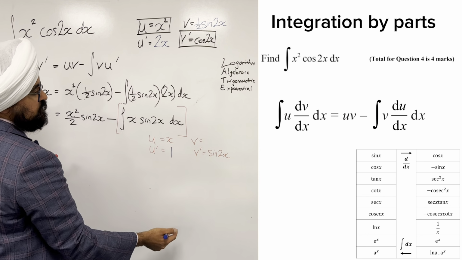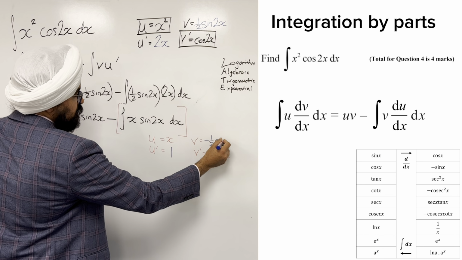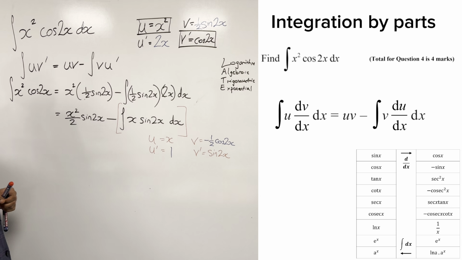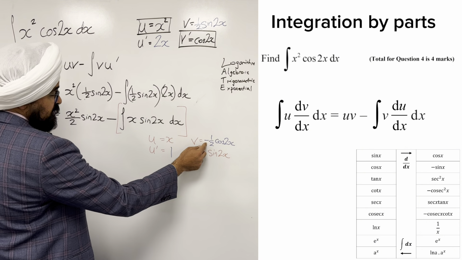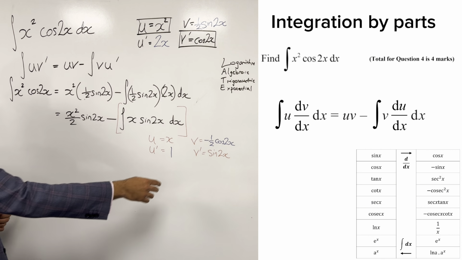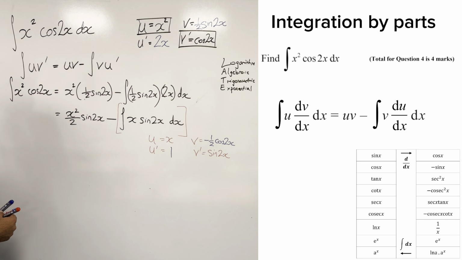If I integrate sine 2x, you end up with a minus half cos 2x, because the integral of sine is minus cos. And this half I've achieved by using the reverse chain rule. After differentiating 2x, that gives you 2, divide by 2 or times by, as I've done there, a half.